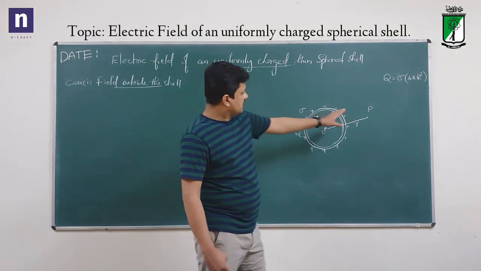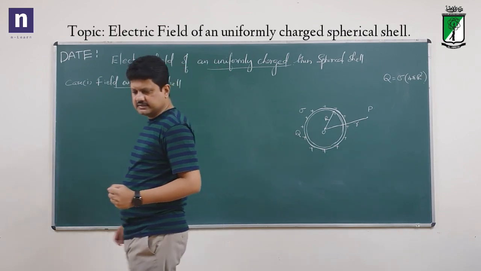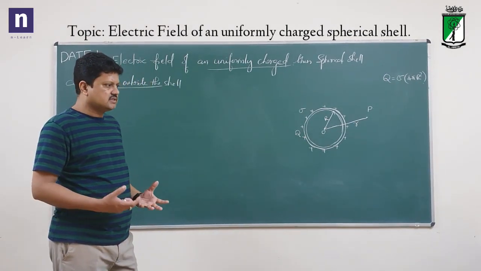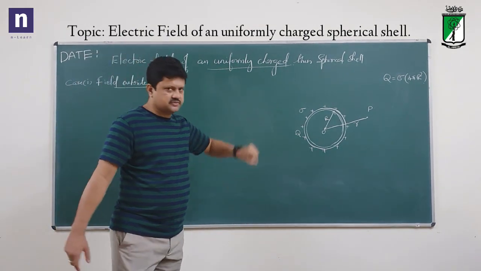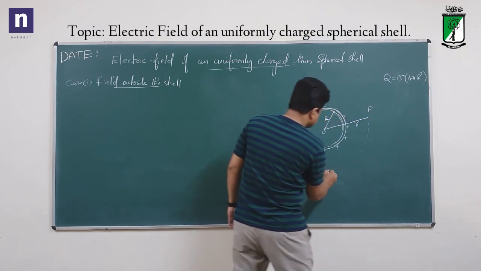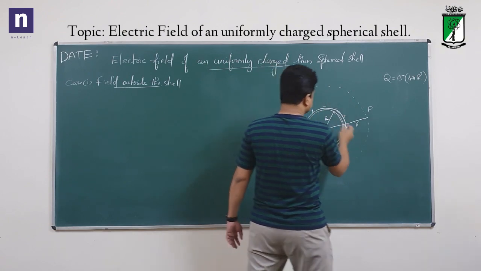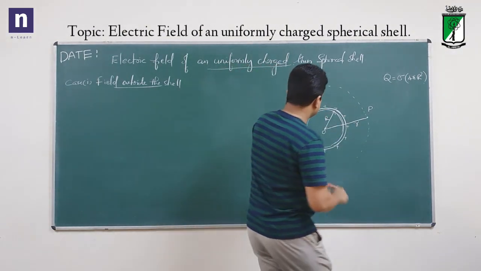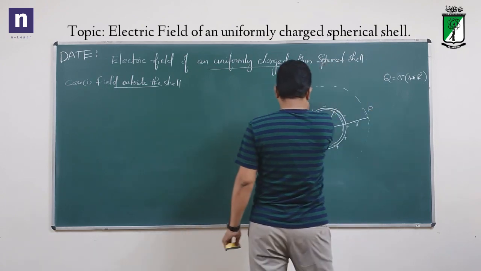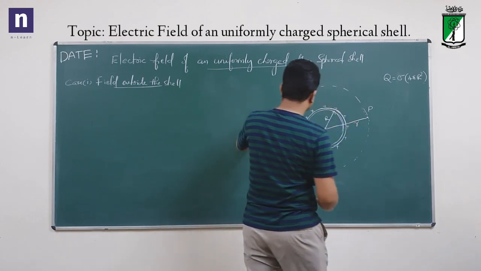So now, at the point P, we need to find the field. Therefore, we will consider an imaginary surface which is passing through this point P, and it should have some symmetry with the system of charges. So the ideal is to consider a spherical surface which is concentric with the given shell.